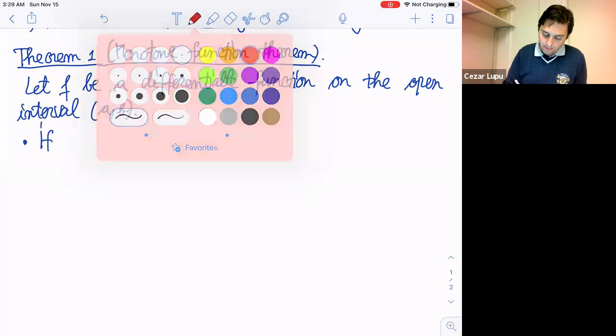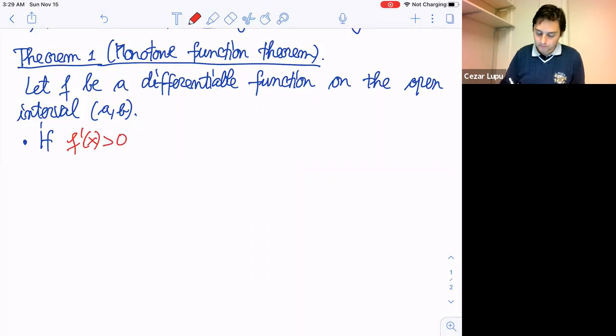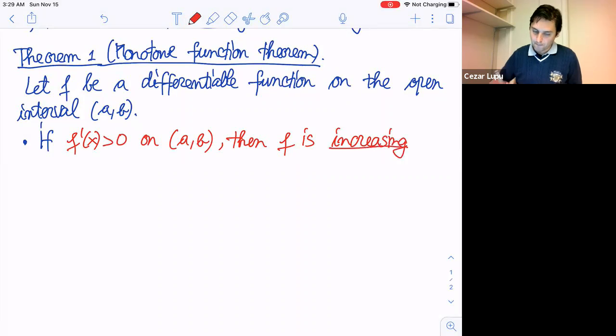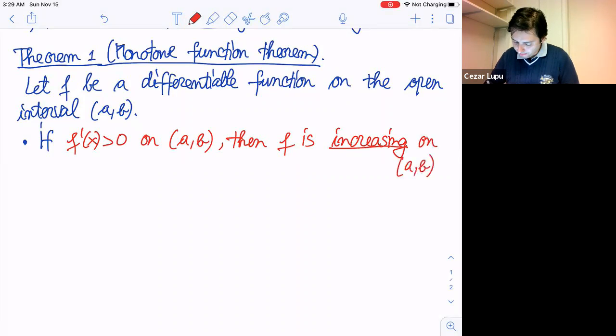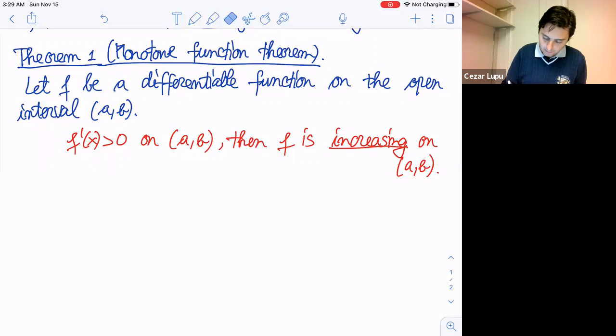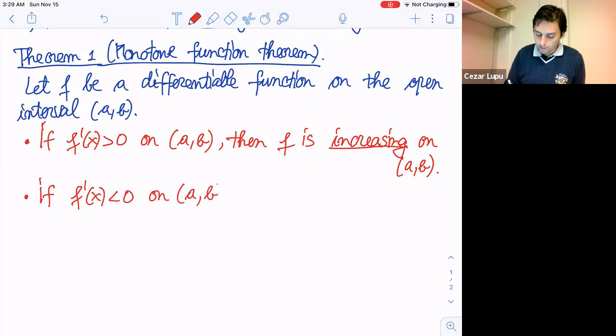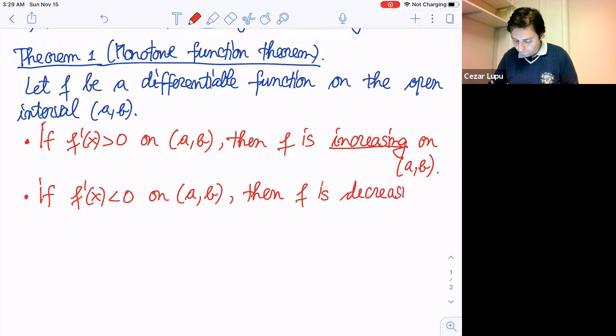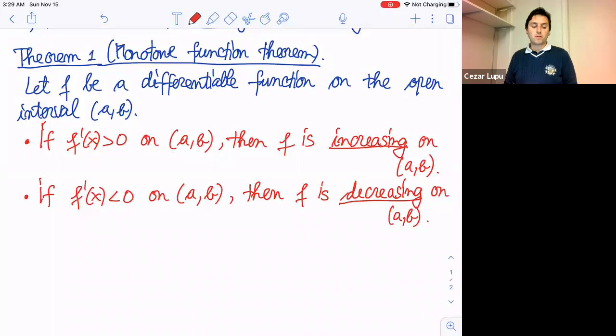If f prime of x is greater than 0 on the open interval (a, b), then f is increasing on (a, b). If f prime of x is less than 0 on (a, b), then f is decreasing on (a, b). So this is the monotone function theorem.